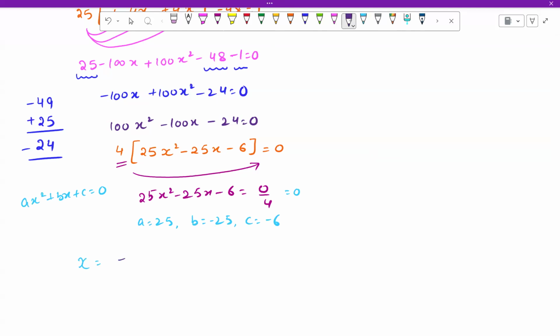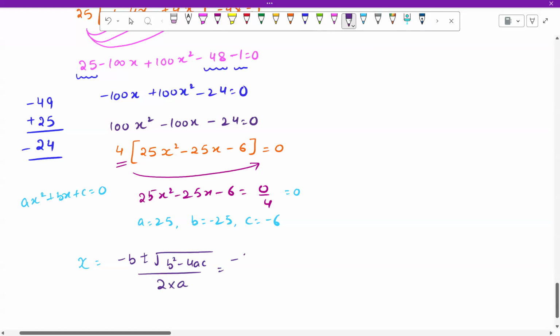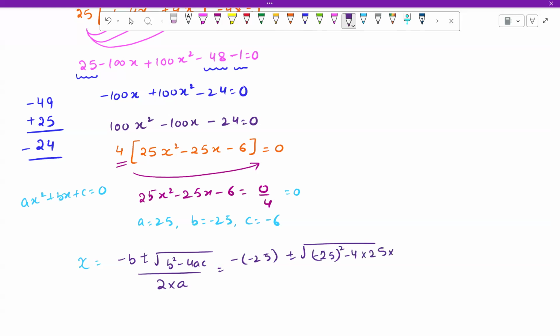And now minus b plus minus under root of b square minus 4ac over 2 times a. So negative b, negative of negative 25, plus minus negative 25 whole square minus 4 times a, which is 25, times c, which is negative 6, over 2 times a, which is 25.